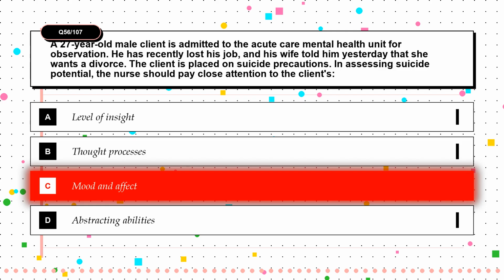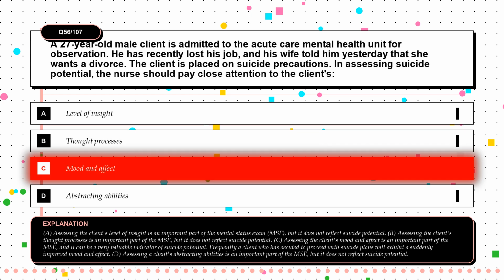The correct answer is option C. Mood and affect. A. Assessing the client's level of insight is an important part of the mental status exam (MSE), but it does not reflect suicide potential. B. Assessing the client's thought processes is an important part of the MSE, but it does not reflect suicide potential.